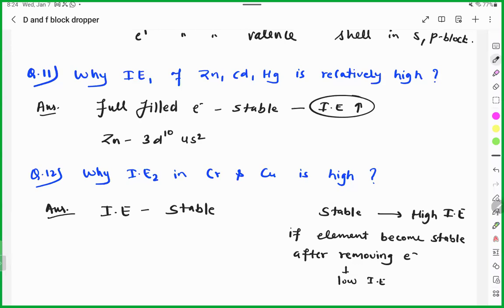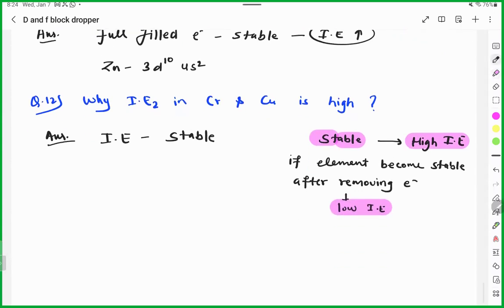Understood? So if you have a very stable electronic configuration, for example in the case of zinc, cadmium, mercury, it is difficult to remove an electron. That's why high ionization enthalpy. But if you remove an electron and the compound becomes stable, then it will be very low ionization enthalpy. For example, chromium is 3d5 4s1.